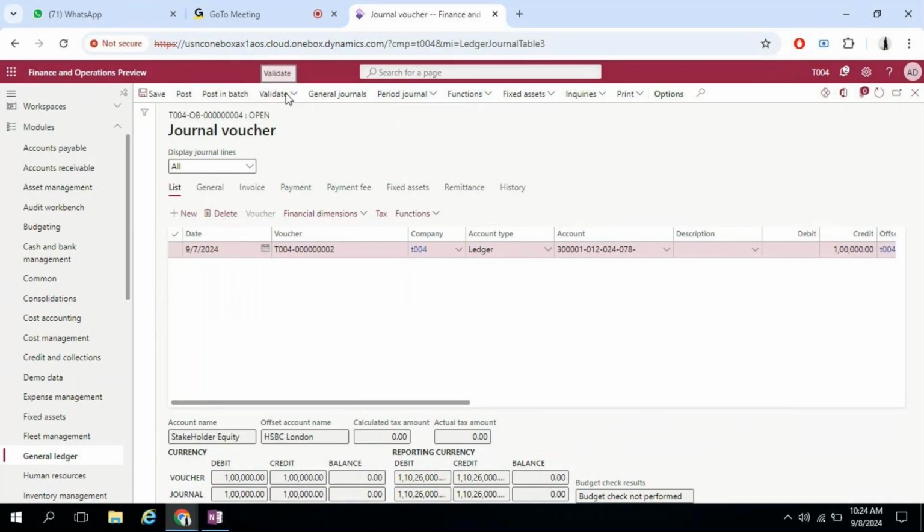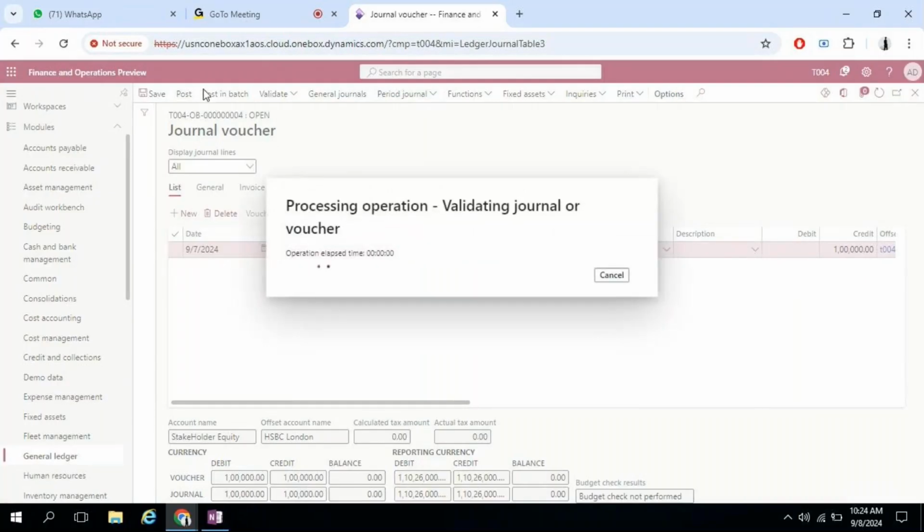System will, if you want to post it, firstly do the simulate posting to check the errors. Directly also you can do a post. If there is any error or any warning, the system will show it.